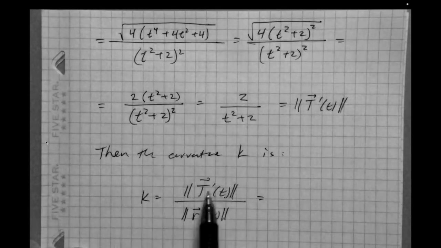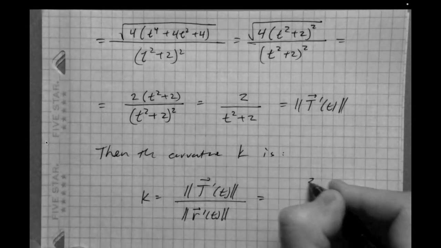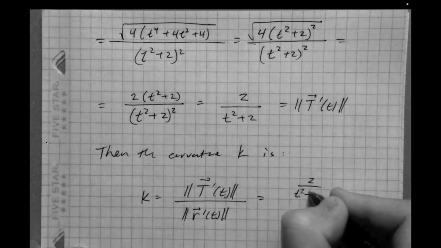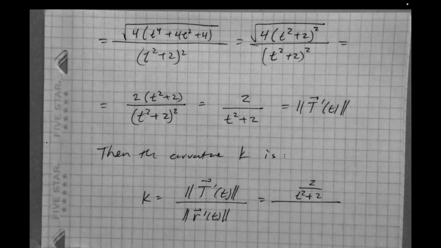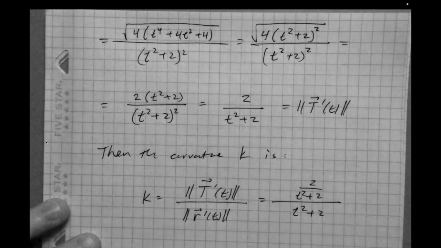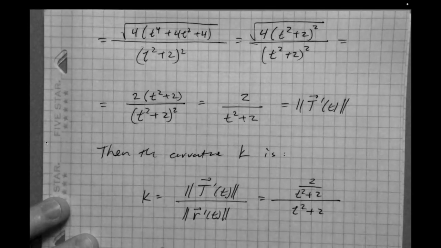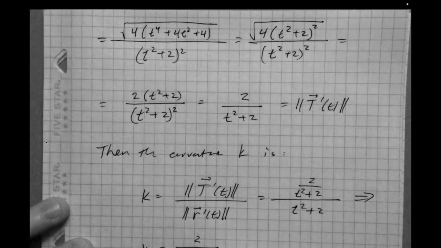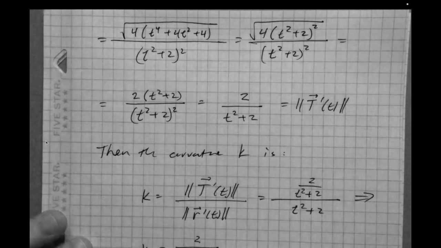So specifically the numerator is 2 over t squared plus 2. And the denominator we found previously was just t squared plus 2. And so what we have then is that K is equal to 2 over (t squared plus 2) squared.